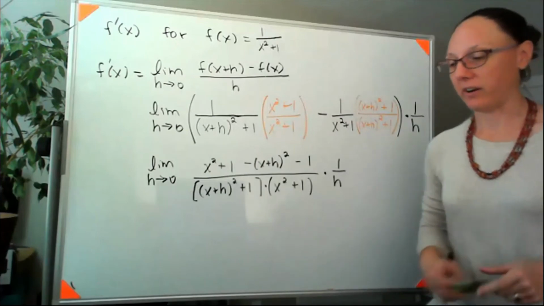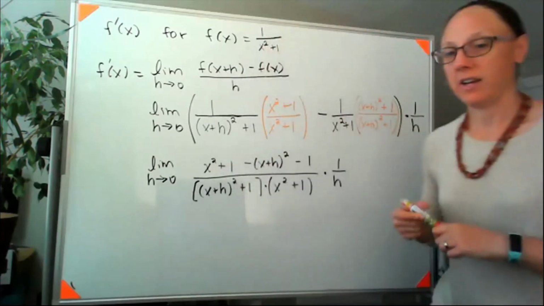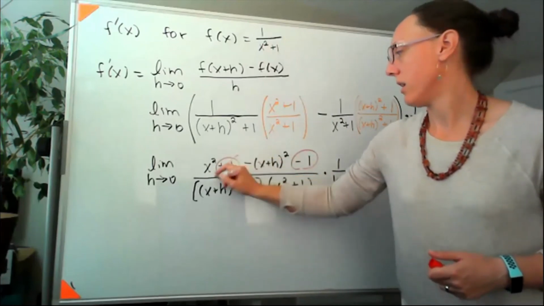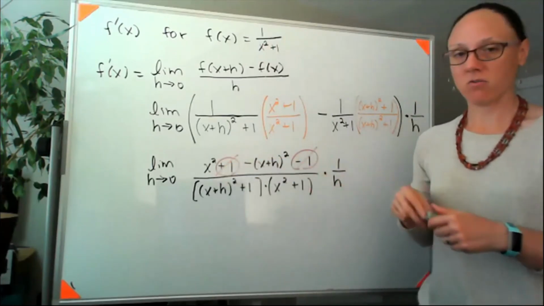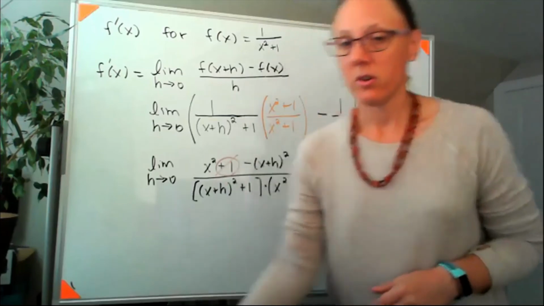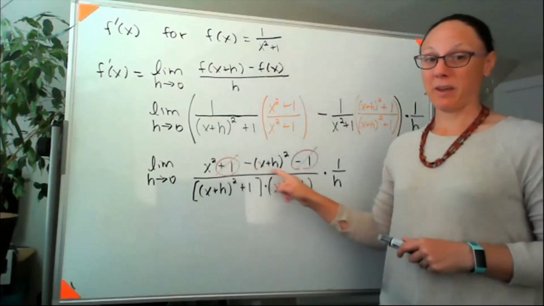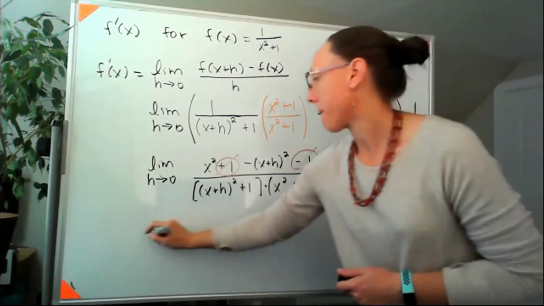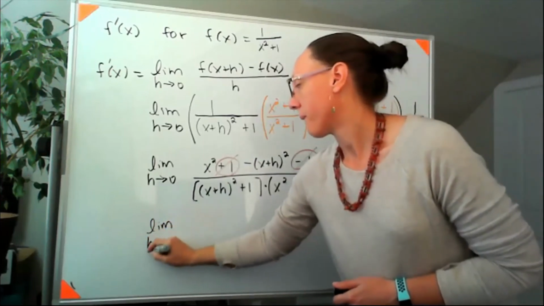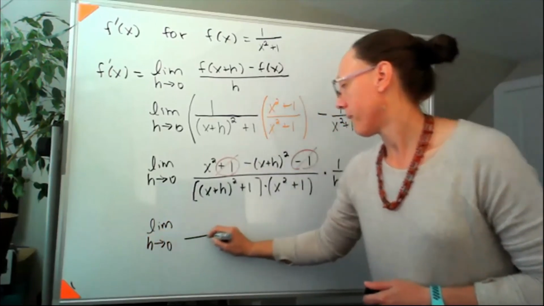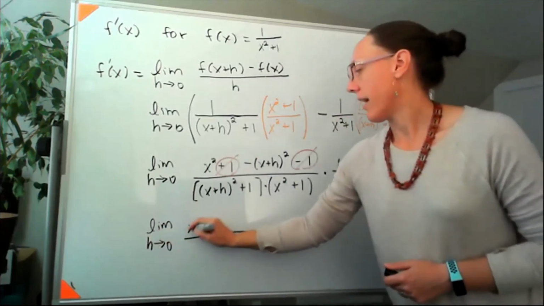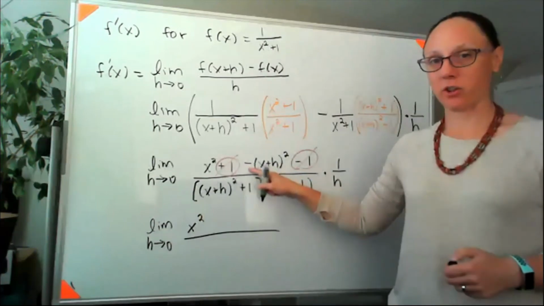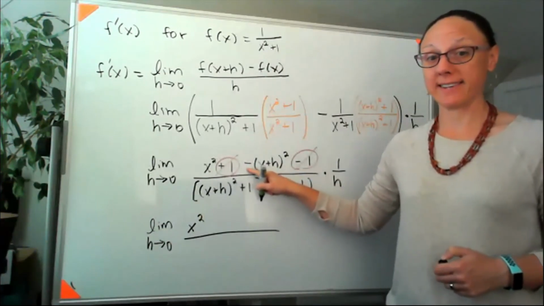In that numerator, I know that I can take the 1 and the 1 and cross those out. And now if I expand out the (x plus h) squared, I've got x squared. And I'm going to go ahead and talk through this, but I'm going to distribute that minus sign out.